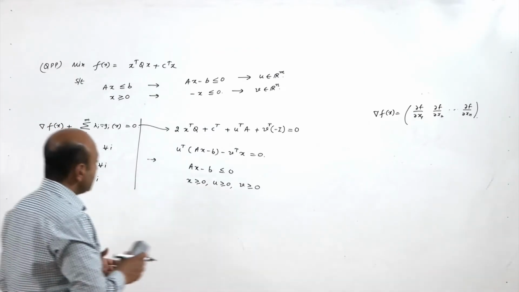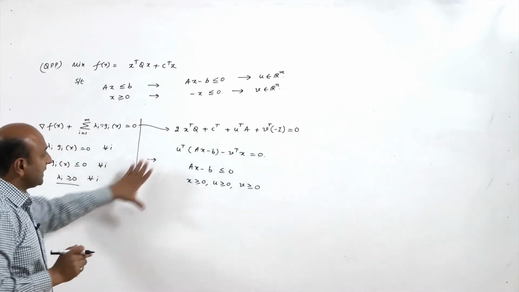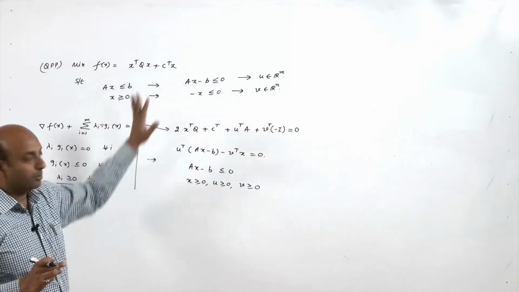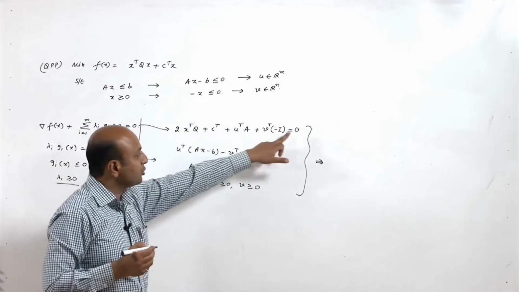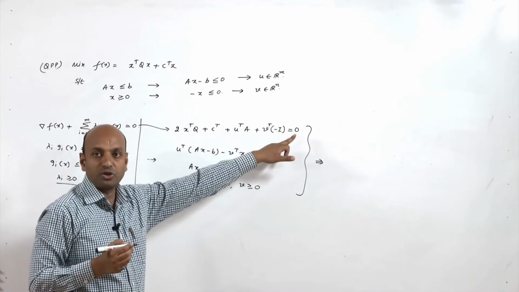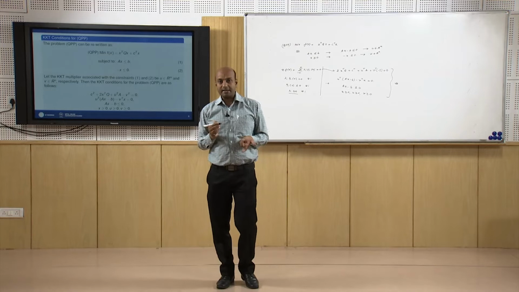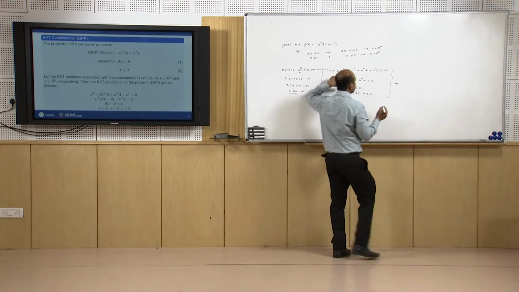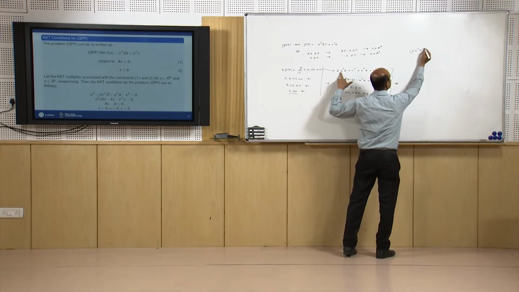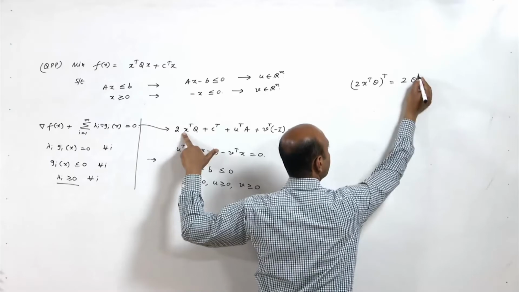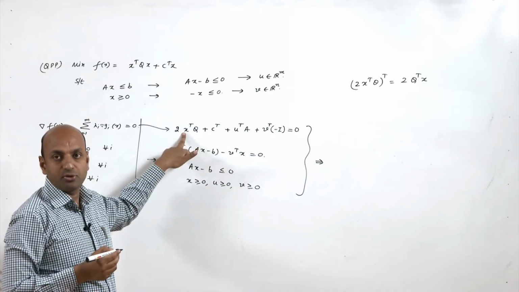Now these conditions can be rewritten as follows. These are the KKT conditions for this QPP. Take the transpose on both sides of the first equation. Transpose of A plus B is the same as A transpose plus B transpose. So the transpose of 2x transpose q, whole transpose, is nothing but 2q transpose x, because (AB) transpose is B transpose A transpose.